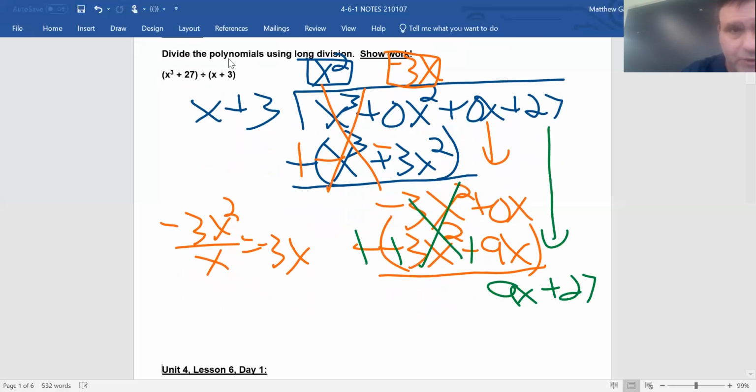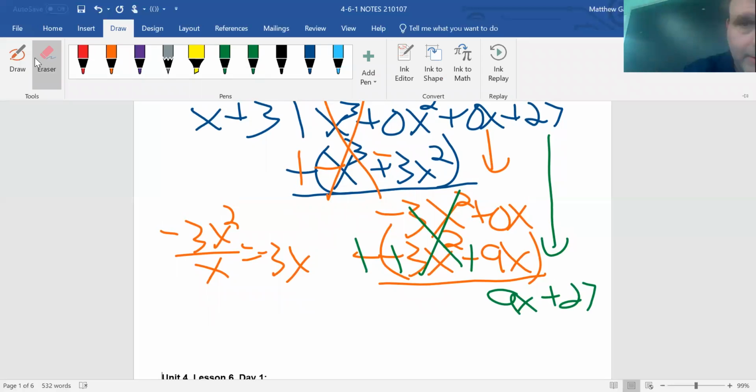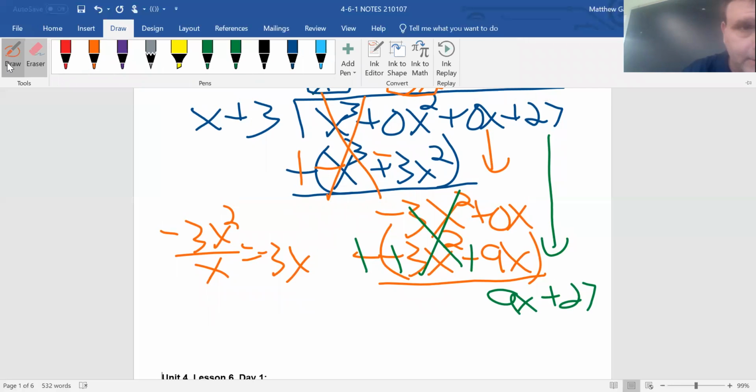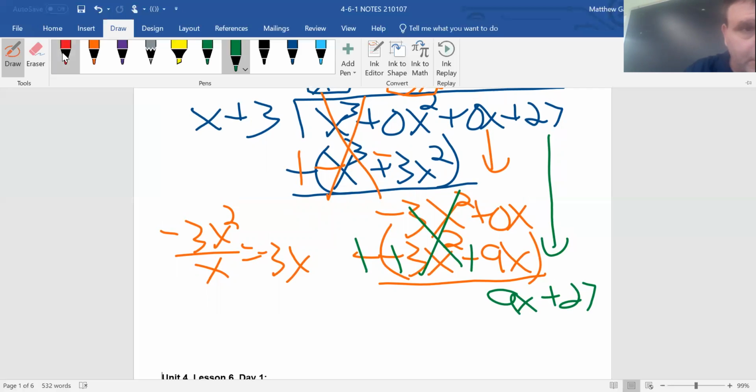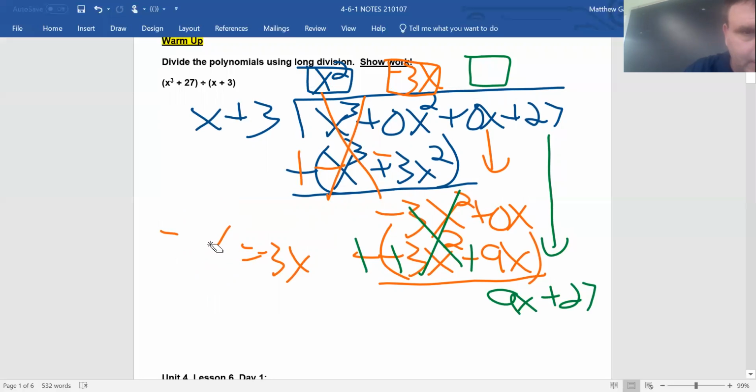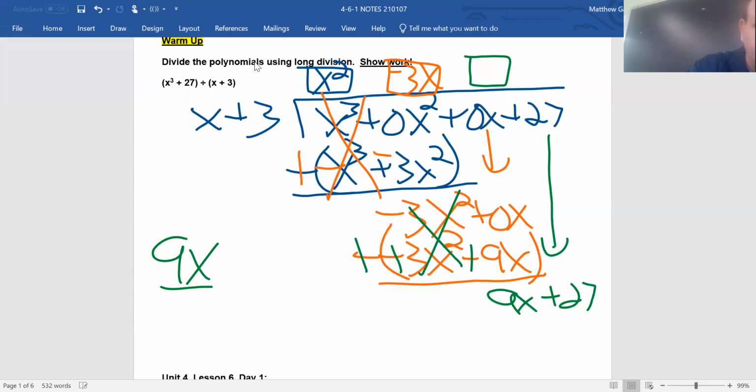And the chances are we're going to do the same problem again the next couple of days. And then get that up here. We need something times x to give us 9x. That, of course, is going to be 9. So we'll show that here. 9x divided by x is 9. That goes up here. We have 9x plus 27.